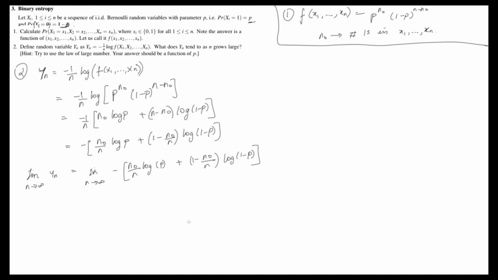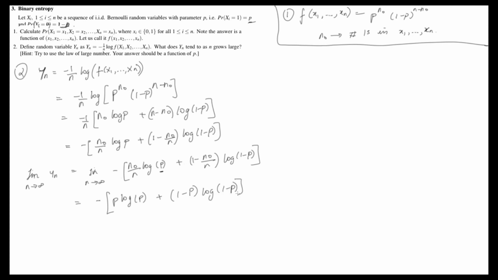The fraction of ones just goes to the actual true fraction, or the probability of getting a one in any given IID random variable, which is just p. So we get -p log p minus (1 minus p) log (1 minus p).